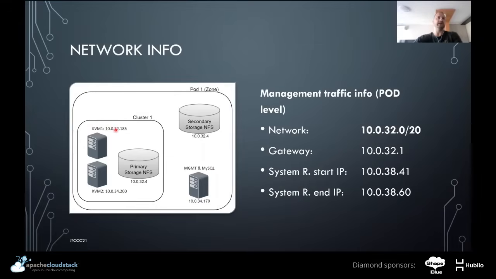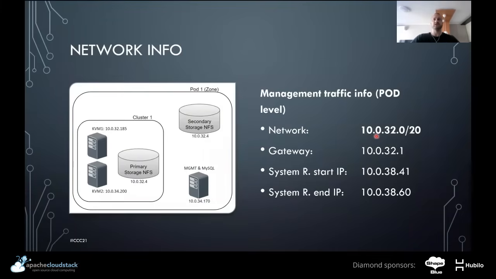So these, let's say physical resources, servers and primary storage, primary secondary storage, they are inside the same subnet. You can see 10.0.32.0/20. So these ones and this range over here, system reserve, these are all inside this single subnet. This is quite a large subnet, actually.